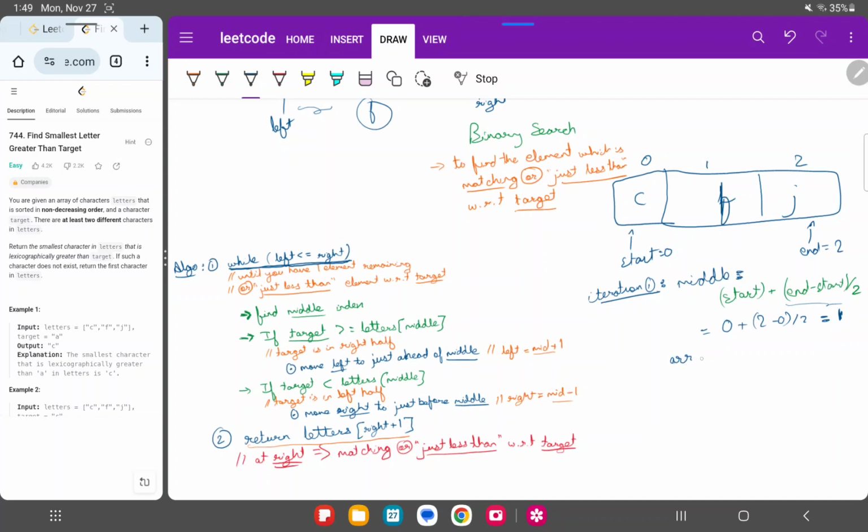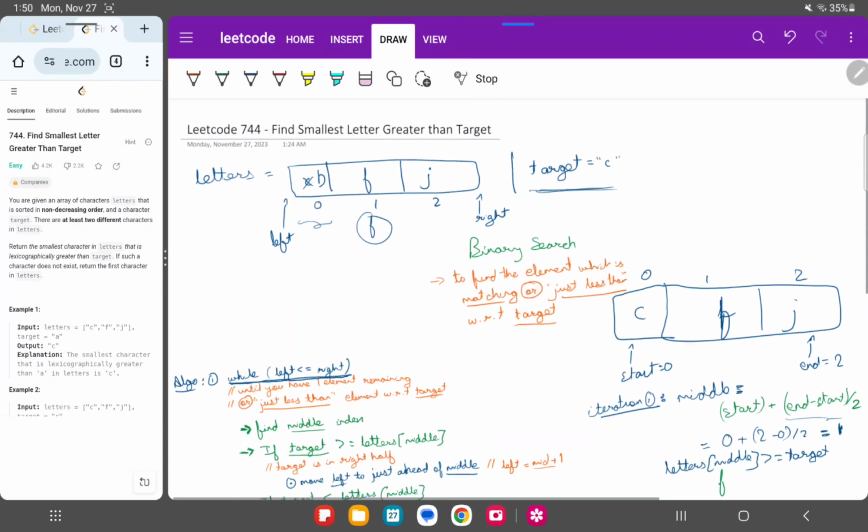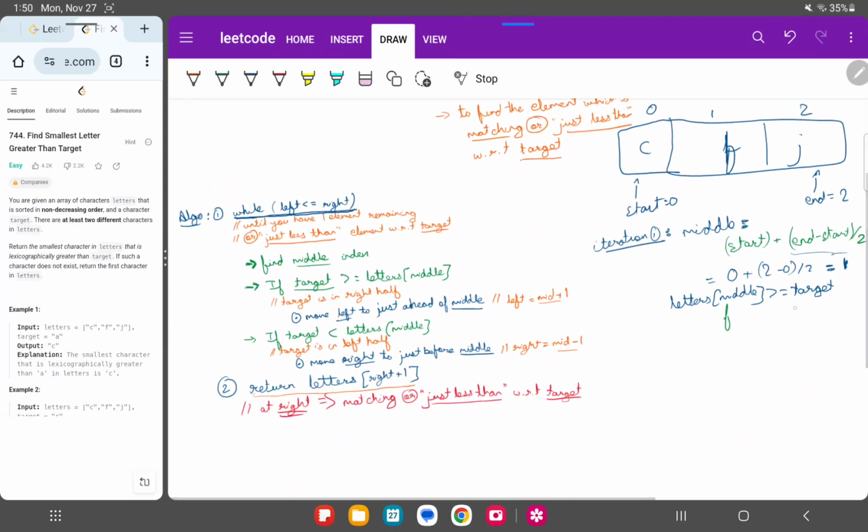So I'm just writing this as array, or you can use the actual name, letters middle. Is that greater than or equal to target, right? How? Because letters middle is F, and target is C, so it is greater than that, right?